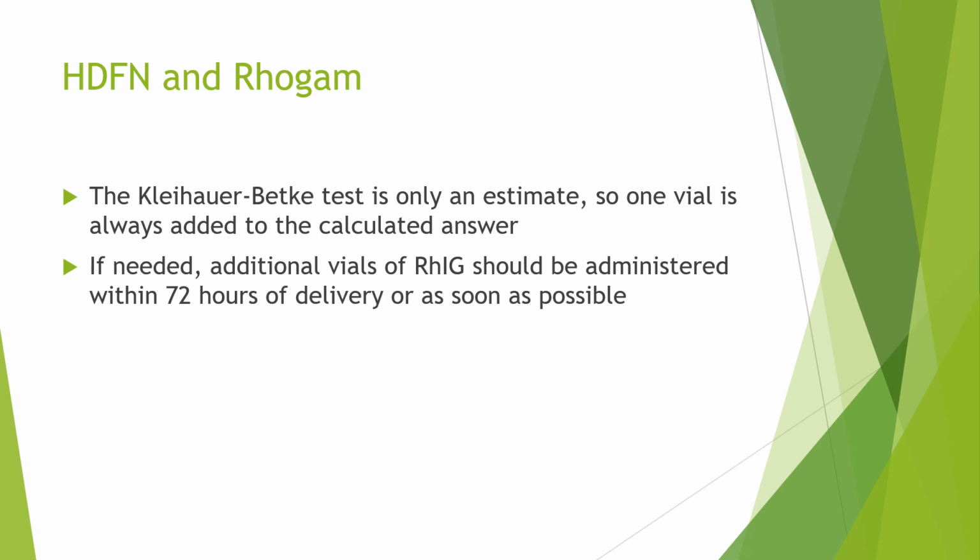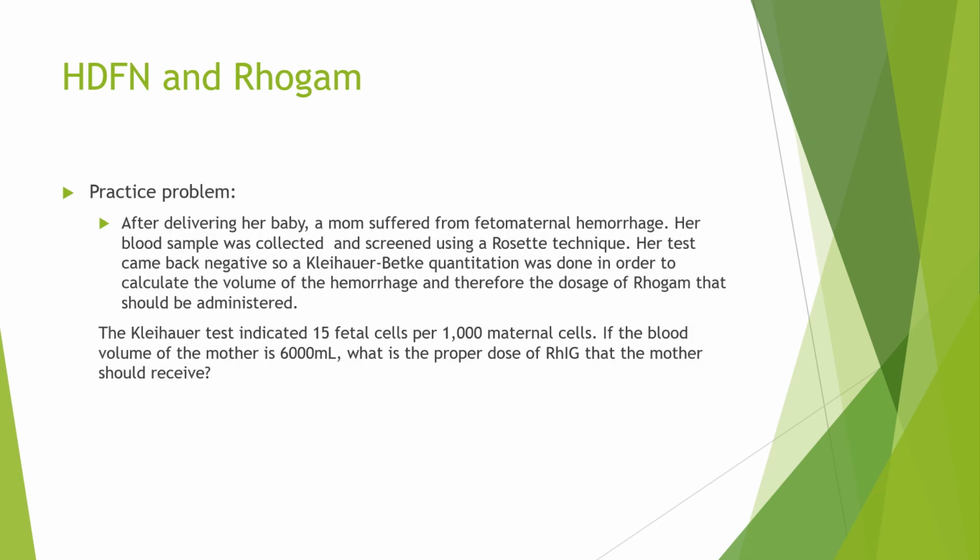Since the Kleihauer-Betke test is only an estimate, one vial is always added to the calculated answer from the formula that I talked about before. And so, if needed, those vials that were calculated will be administered within 72 hours of delivery or as soon as possible.